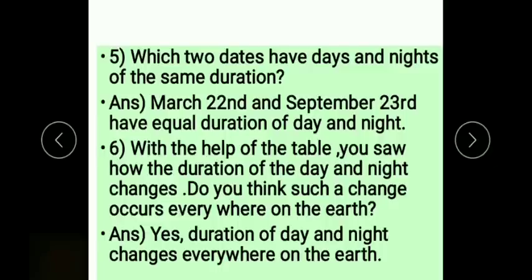March 22nd and September 23rd. They have equal duration of day and night. That means the daytime is 12 hours and the night time is 12 hours. We can say these two days are equinox, equal duration of day and night.